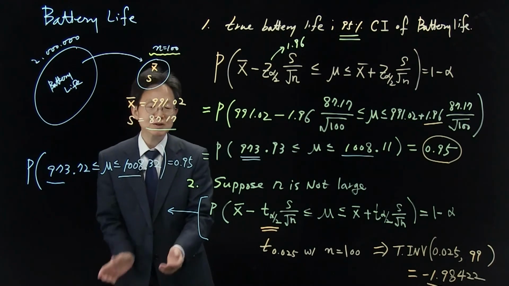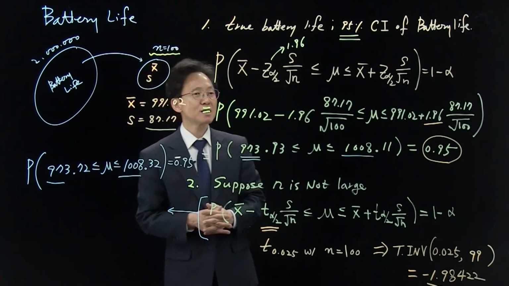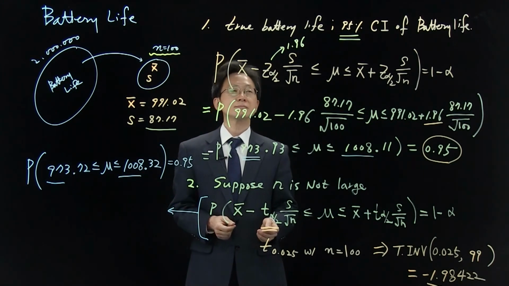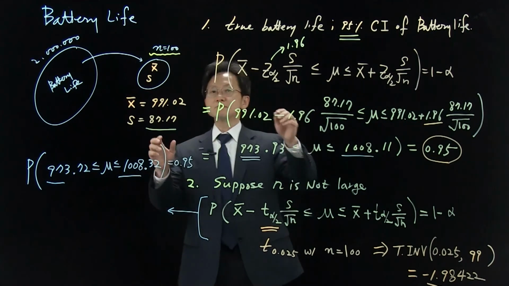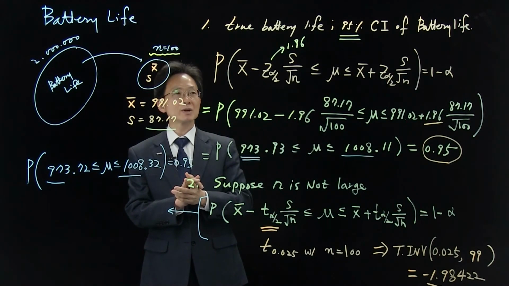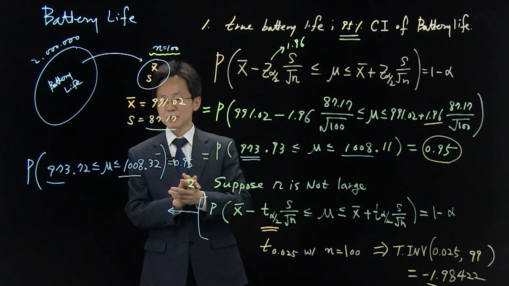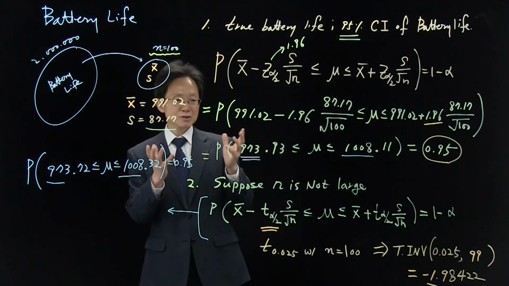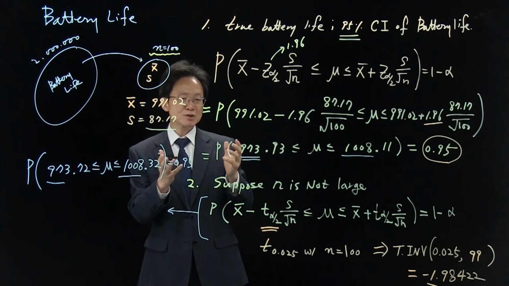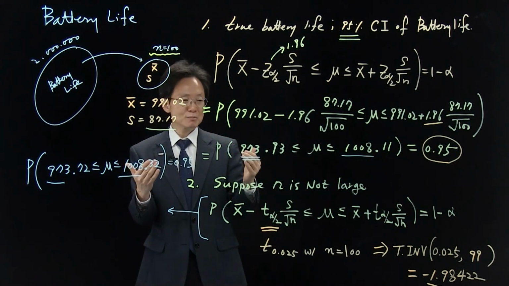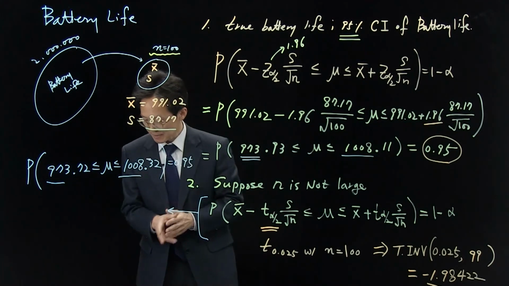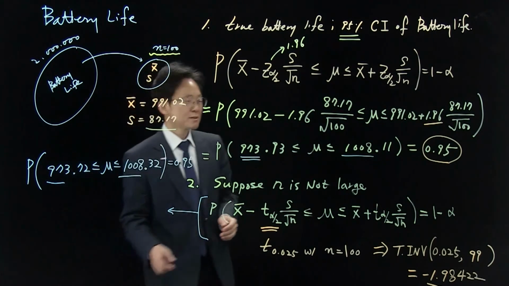I'm confident at 95%. In other words, I'm very confident about these outcomes. So this is a very nice example, and we can use this example as a benchmark when someone asks me about this estimate of the true value of the population and so forth. Okay, very good.